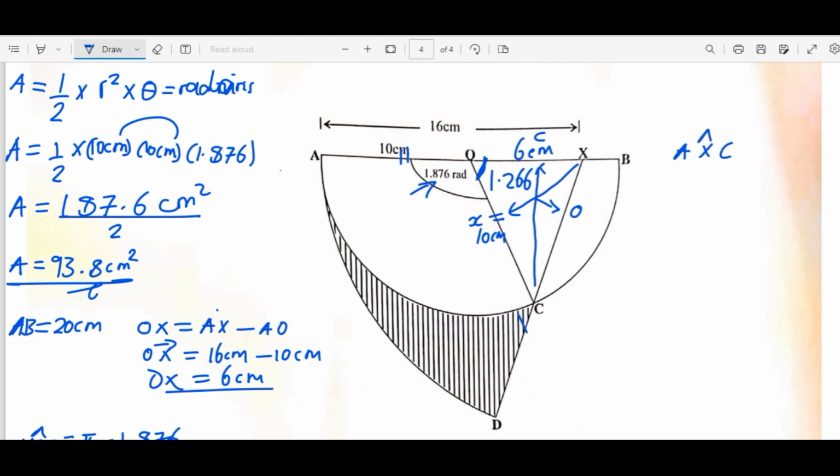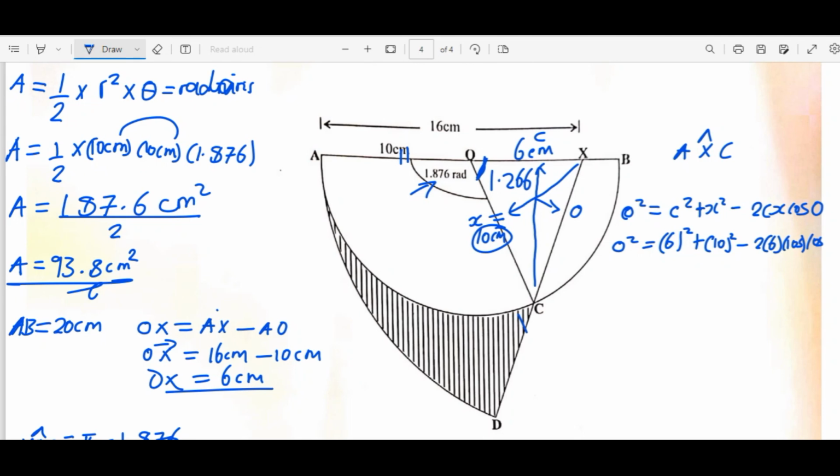So the formula is O squared is equal to c squared plus x squared minus 2cx cos O. So let's look at what we have. What is our c? c is 6 centimeters squared, plus our x is 10 centimeters squared, minus 2 times 6 times 10 cos c.